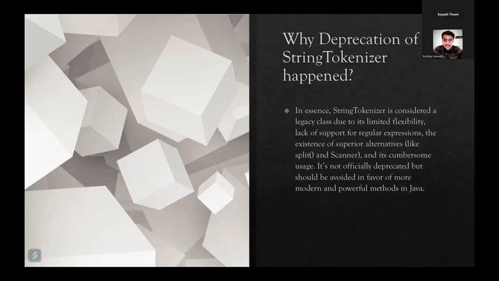Tokenizer didn't handle regular expressions in a well defined pattern, and moreover it was less flexible, as the tools and methods used nowadays are much more advanced compared to the string tokenizer used by programmers in earlier times.